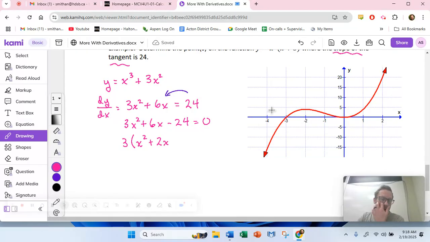We're going to have to do a lot of factoring this unit and next unit. x squared plus 2x minus 8. Sorry, I know my multiplication tables. Then I can factor x squared plus 2x minus 8. The numbers that add to 2 and multiply to minus 8 are plus 4 and minus 2: (x plus 4)(x minus 2).